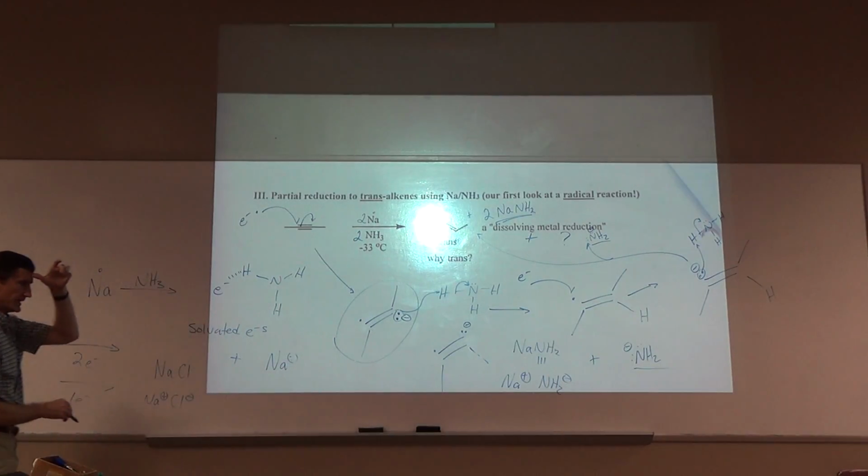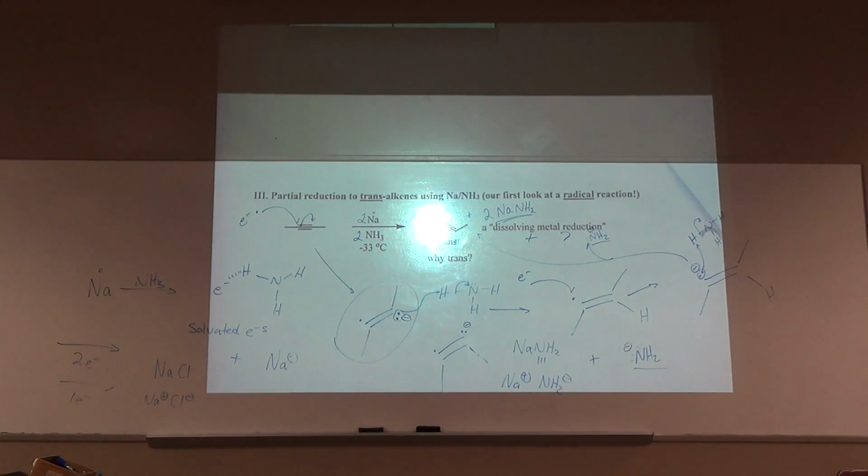But in terms of polarity, dipoles, electrophile, nucleophile, it's not that clear why this would happen. But guess what? We know it does happen. And this is currently the best mechanism to explain it. Unless anybody has a better mechanism to explain it. This mechanism has not been disproven yet.